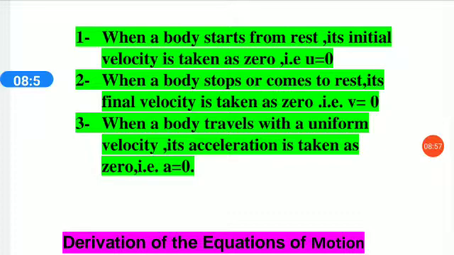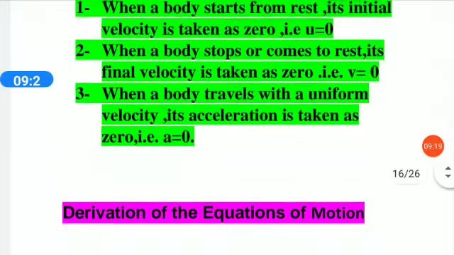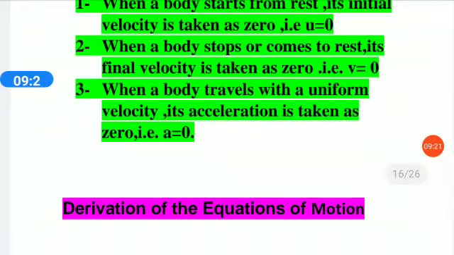When a body stops or comes to rest, the body was moving and at last it stops, so it is at rest, and the final velocity will be 0. Third, when a body travels with a uniform velocity, its acceleration is taken as 0. Uniform velocity means there is no increase, so acceleration will be 0.